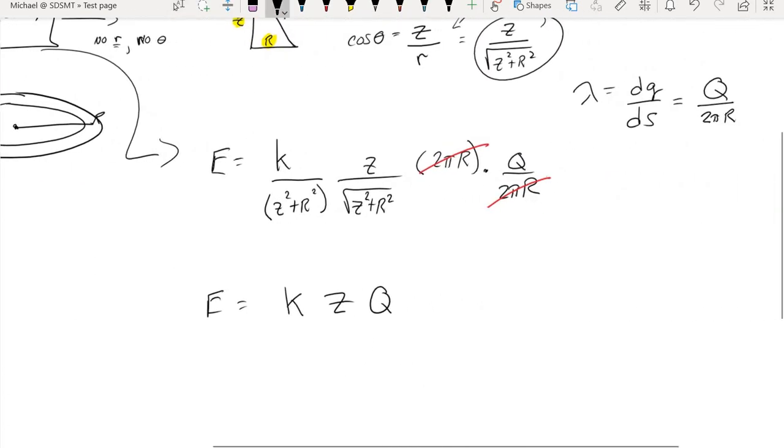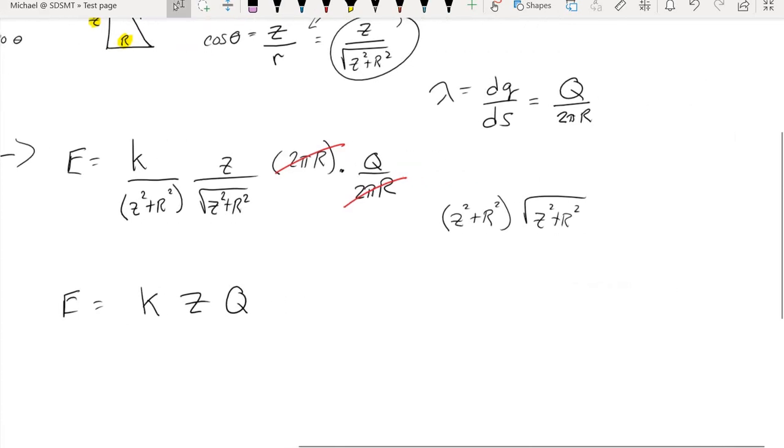And now we have to clean up the denominator. Now I've written this out sort of purposefully. We have z squared plus r squared in a parenthesis set, and then we have root z squared plus r squared. Now, we can take roots and we can rewrite those as fractional powers.